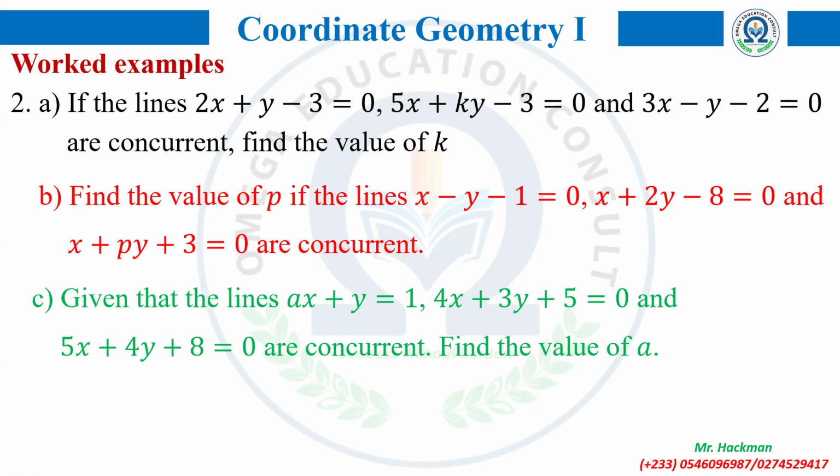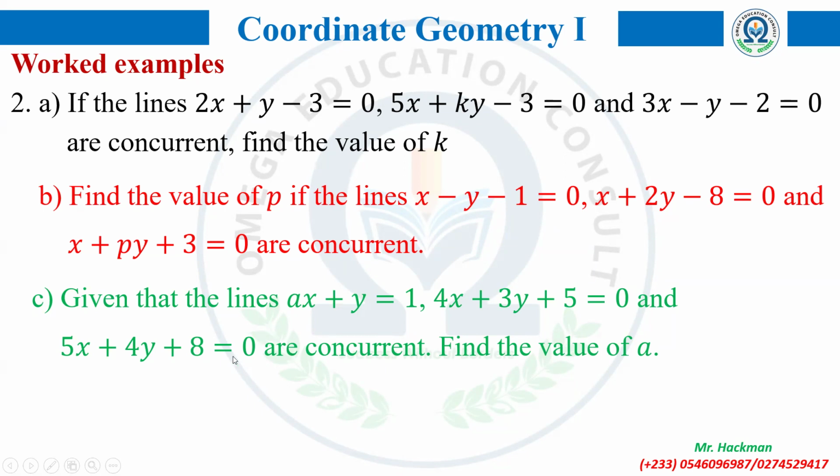We need to find the value of K. With this one, you are told that the lines are concurrent. So this is what you need to do. And if you get the explanation here, you should be able to do this and therefore this.